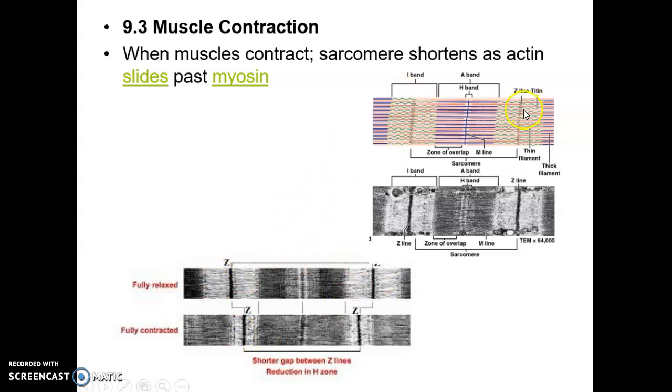Because the Z discs move closer to the middle M line, so this distance will get shorter in each sarcomere and with the adjacent sarcomeres. So the I band will get shorter during contraction. And notice in the very center, the H band, with full contraction, the H band will essentially disappear. As you see here, very thin versus thicker here.